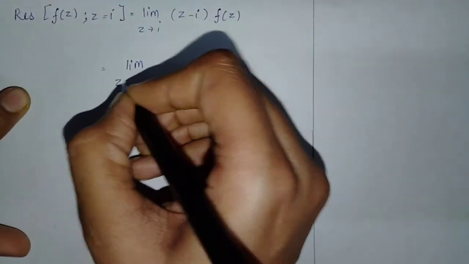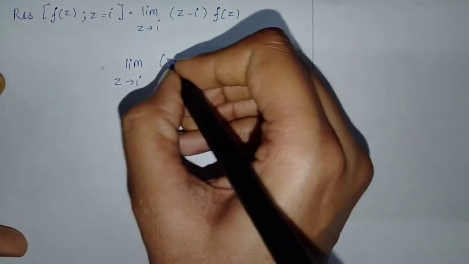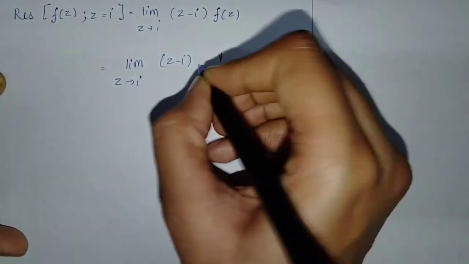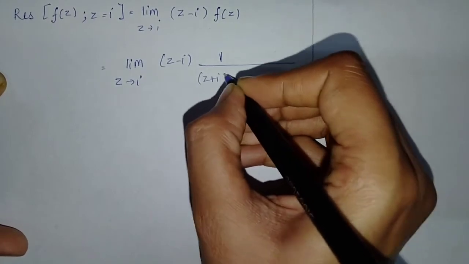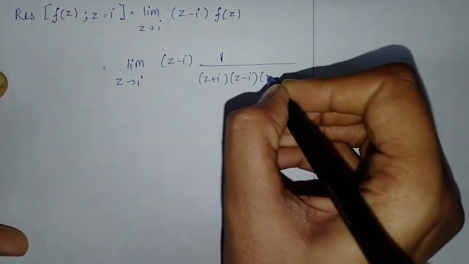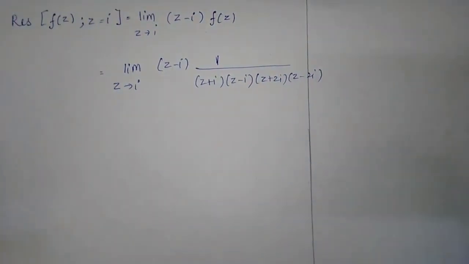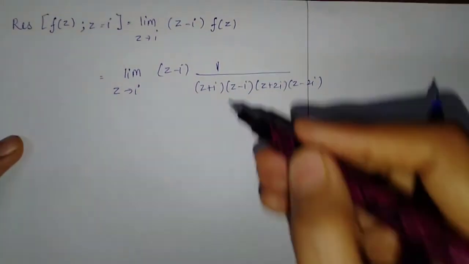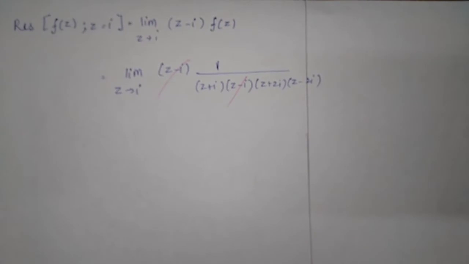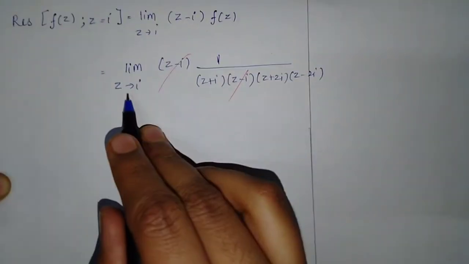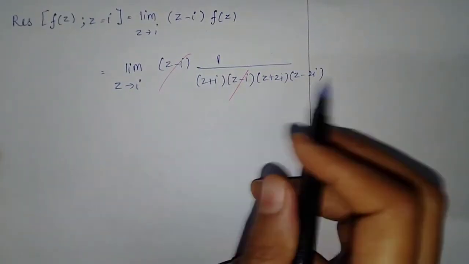Then it will be limit z tends to i (z minus i) into 1 by (z plus i) into (z minus i) into (z plus 2i) into (z minus 2i). Then we can see that these both the terms will get cancelled. So we will put directly z tends to i in this form.